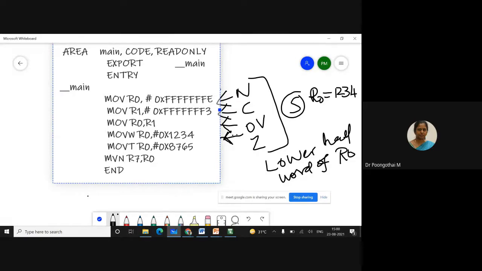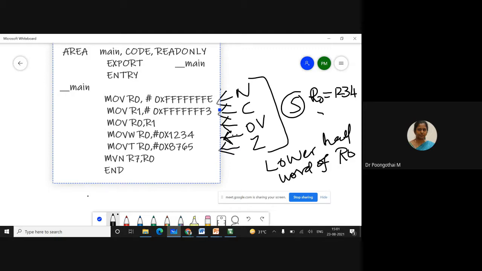After that, I am transferring 8765 to R0 with the MOVT instruction. What is the purpose of MOVT? It is used to move the 16-bit hex value to the upper half word of R0.